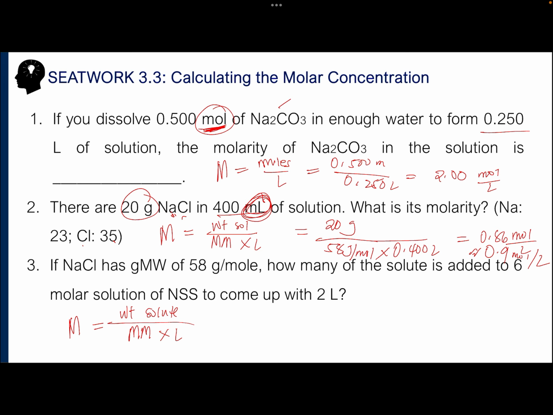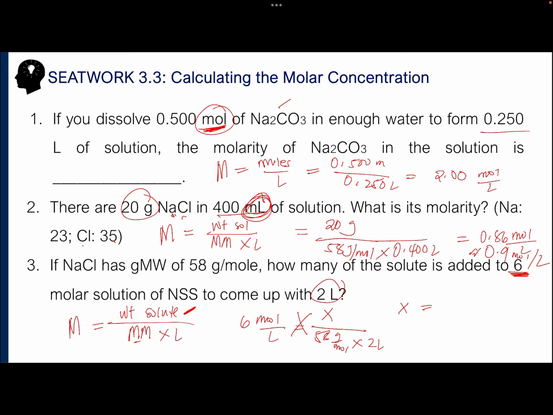So molarity is given nara 6. So we have 6 mole per liter is equals, again, kaning weight of solute ang ato ang isolve. So we have X divide molar mass 58 gram per mole times the volume of the solution, which is 2 liters. So X here, cross multiply.